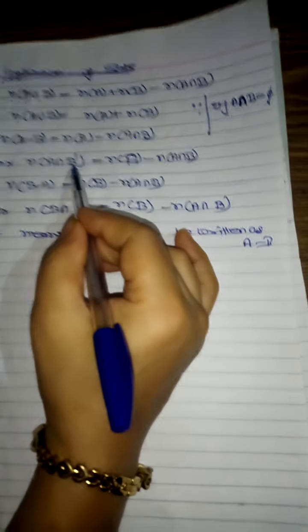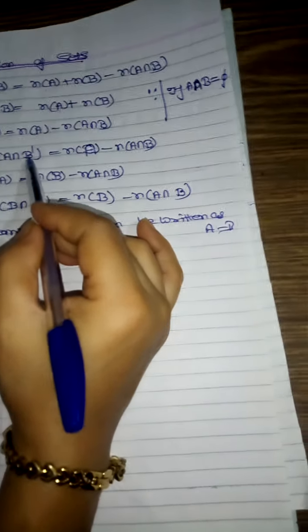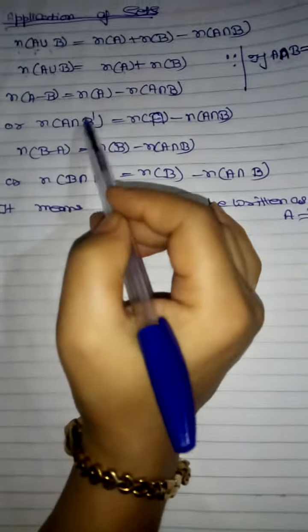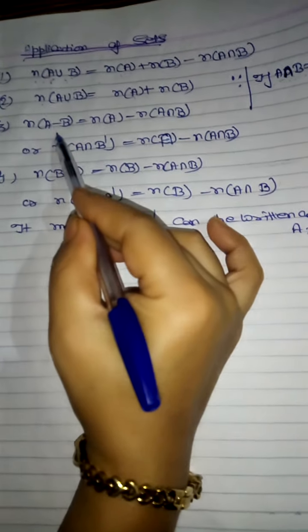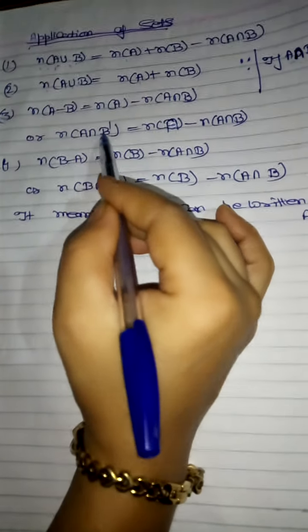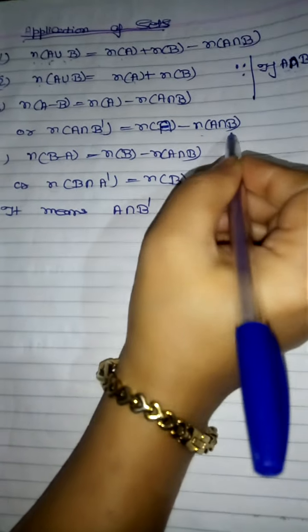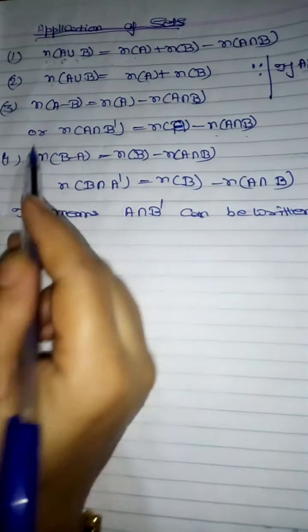B dash means U minus B. We are taking the elements which are present in U but not present in B. So A minus B can be written as A intersection B dash, the same formula, n of A minus n of A intersection B.